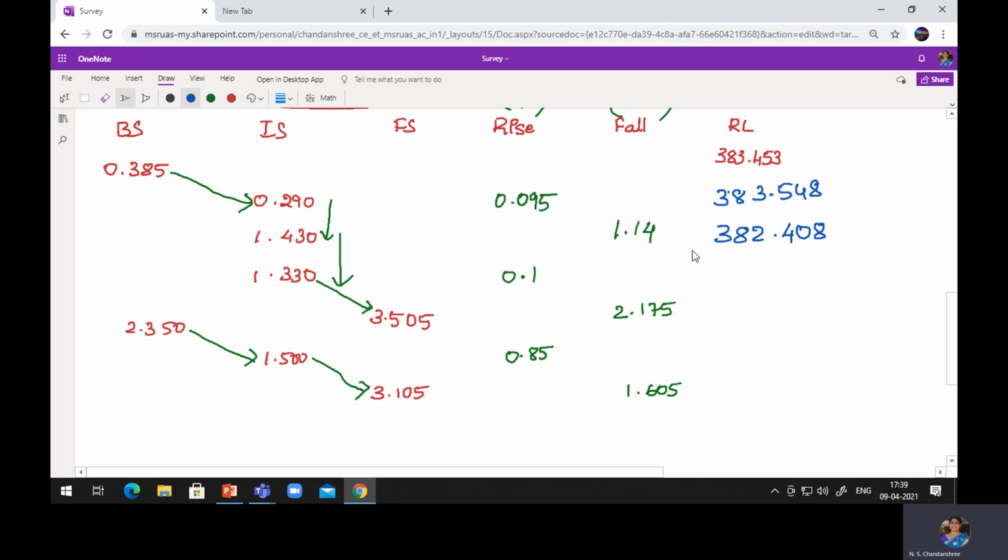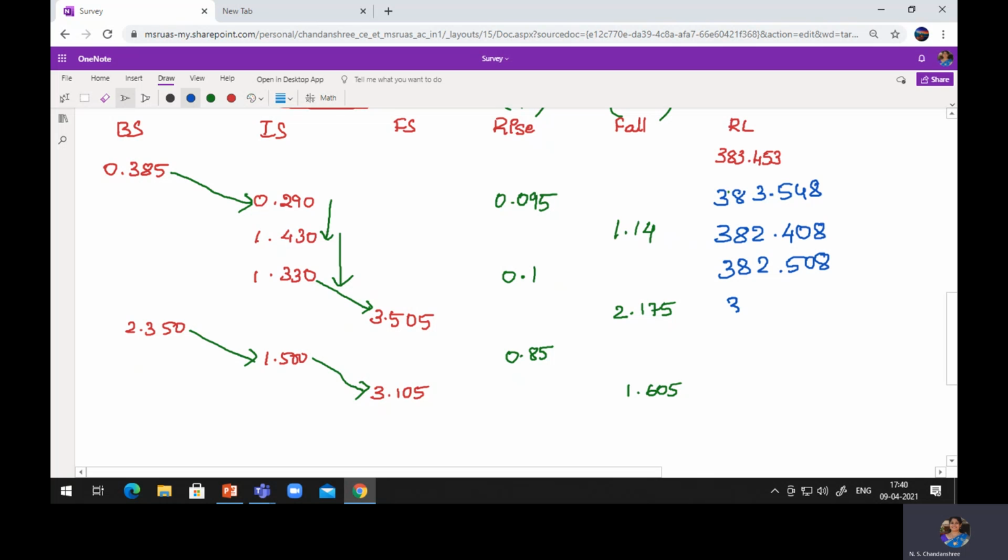We'll continue doing the same thing. Next RL is 382.408 plus 0.1. If the reading is in the rise column, we have to add. If the reading is in the fall column, we have to subtract. So the reading here is 382.508. Next reading is 382.508 minus 2.175.